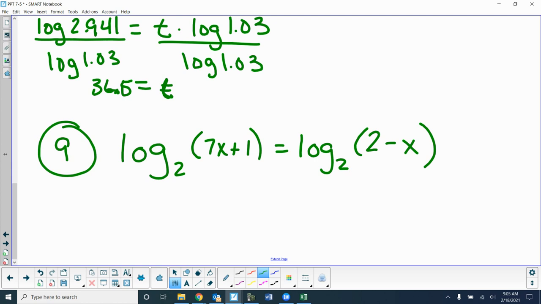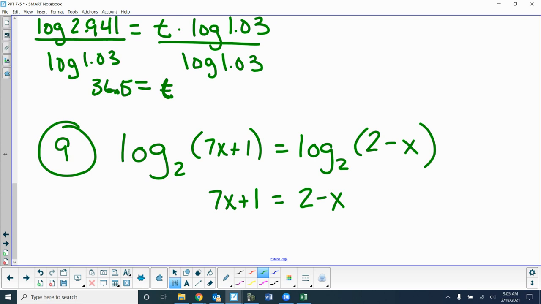Okay? So if you have a log on both sides, and it's the same base, in order for log base 2 of this to be equal to log base 2 of that, these two things have to be the same, right? That's just common sense, isn't it? So that's a really easy type when they got a log on both sides.